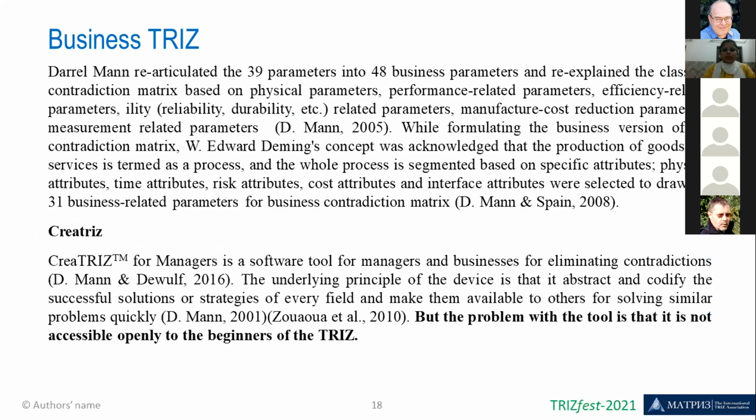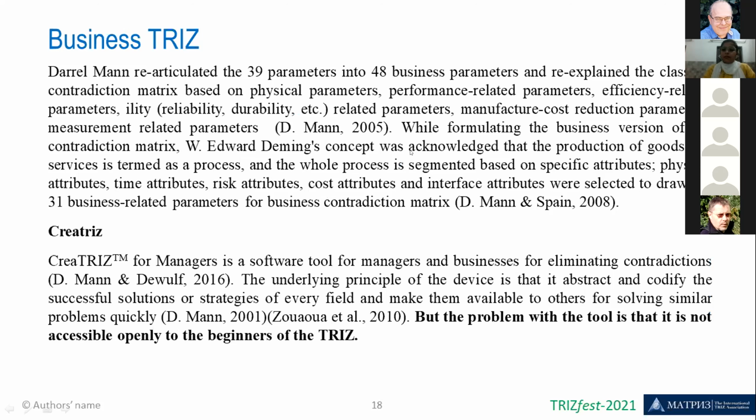Then comes Business TRIZ. Business TRIZ has been developed by Darrell Mann. Mann re-articulated the 39 parameters into 48 business parameters and re-explained the classical contradiction matrix based on physical parameters, performance-related parameters, efficiency-related parameters, reliability and durability-related parameters, manufacture cost reduction parameters, and measurement-related parameters.